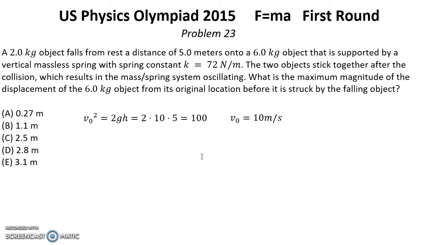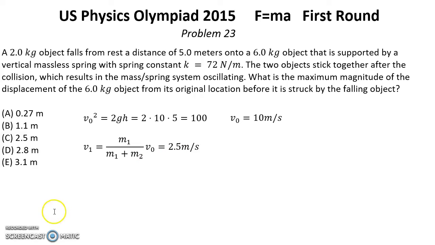Second step is to find the common speed of both objects when they stick together. Here we use momentum conservation. From momentum conservation we find that the common speed of these two objects, v1, equals m1 over m1 plus m2 multiplied by v0, which is 2.5 meters per second.